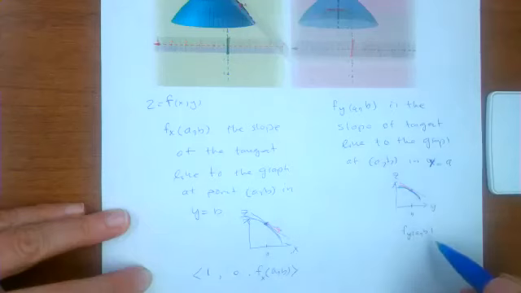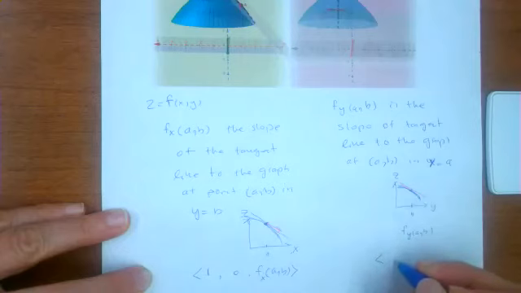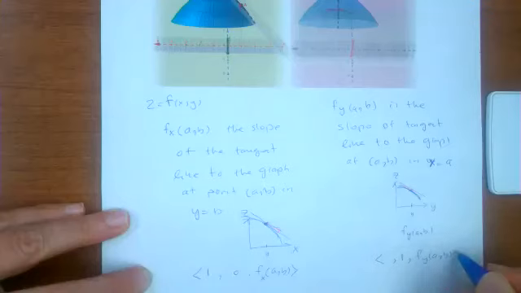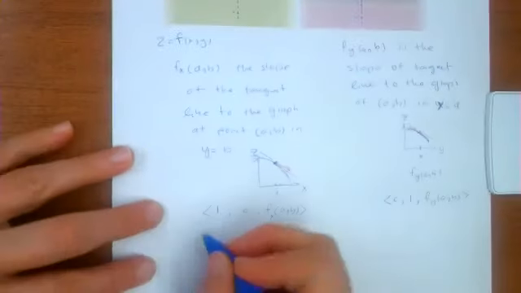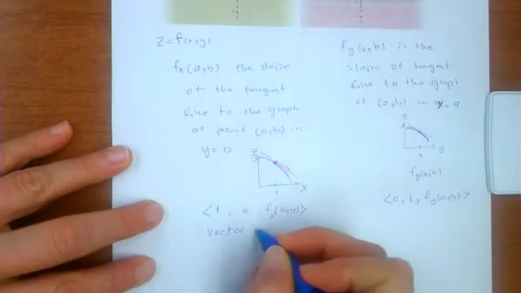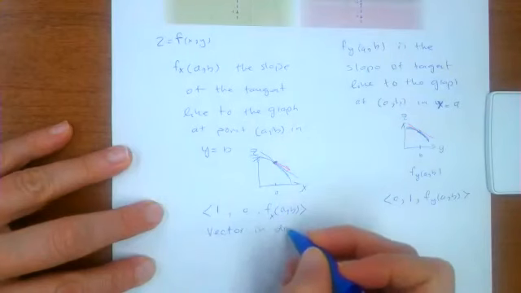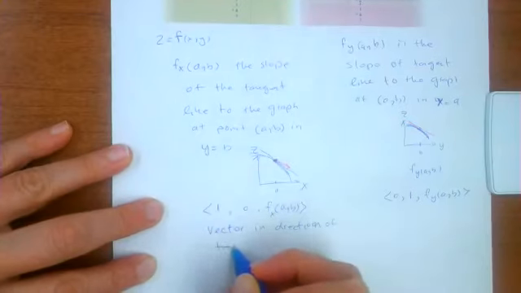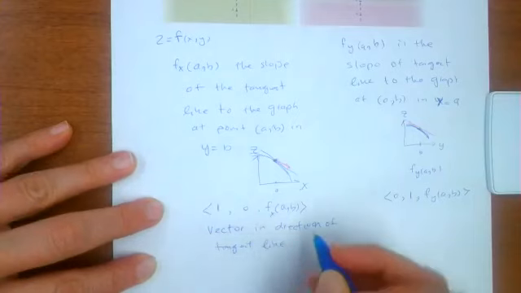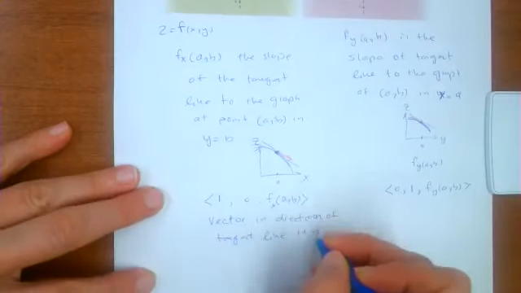And then the direction vector for the tangent line is going to be, this time, one step in y gives me f sub y at (a, b) in z. So the rise over run, that's that. And then x is not changing. So this is a vector in the direction of the tangent line in y equal to b.